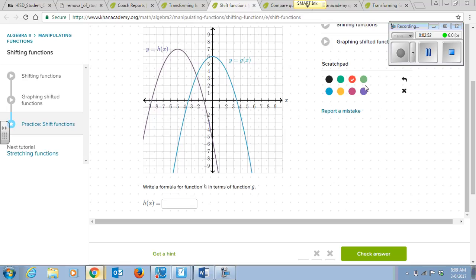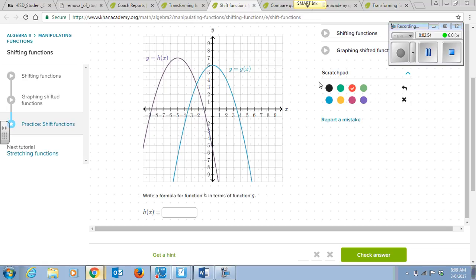So similar to slope, you want to find 2 good points. I'm just going to go with the vertex because that's a really easy spot to identify. I can see that I go up 1 space to get to h, and I moved left 1, 2, 3, 4, 5 spaces. So I went to the left 5 spaces and I went up 1 space.